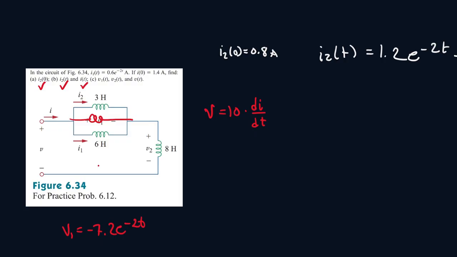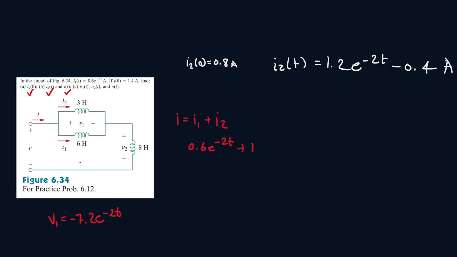Now, oh wait, I just realized I made a big mistake. Apparently we don't even have to do that because I is equal to I1 plus I2, and we know what I1 is, and we know what I2 is. I1 is 0.6 e minus 2t plus I2, which is 1.2 e minus 2t minus 0.4.